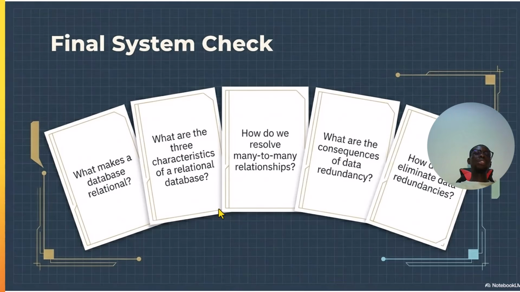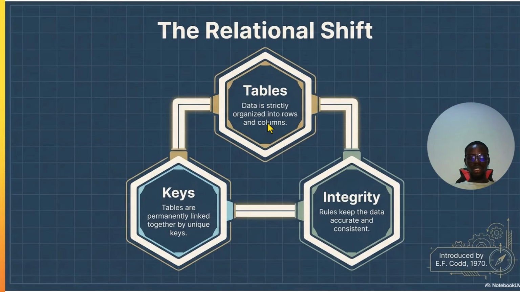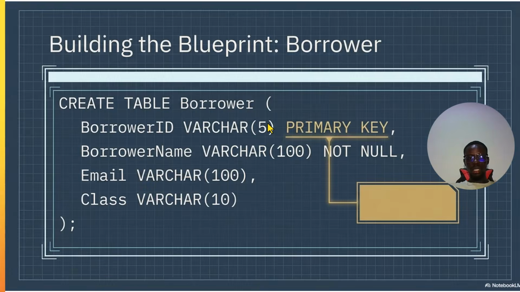So the final system check, or in conclusion, we have talked about what makes a database relational, the 3 characteristics of a relational database, as in we talked about the keys, the table, and then the integrity.